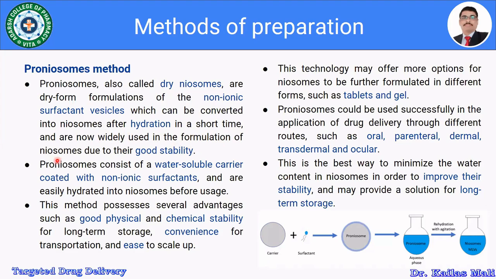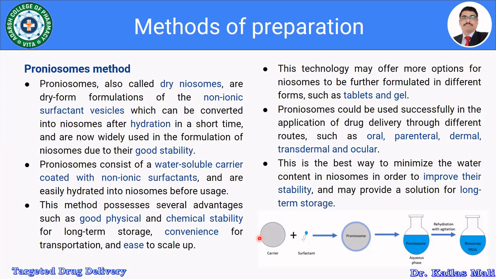Here in the case of Proniosome, as it is available in the dry form, it improves the stability of the product. So the Proniosome consists of a water soluble carrier coated with the non-ionic surfactant and are easily hydrated into the Niosome before use. Look at the figure. So this is the water soluble carrier. So this is the surfactant.